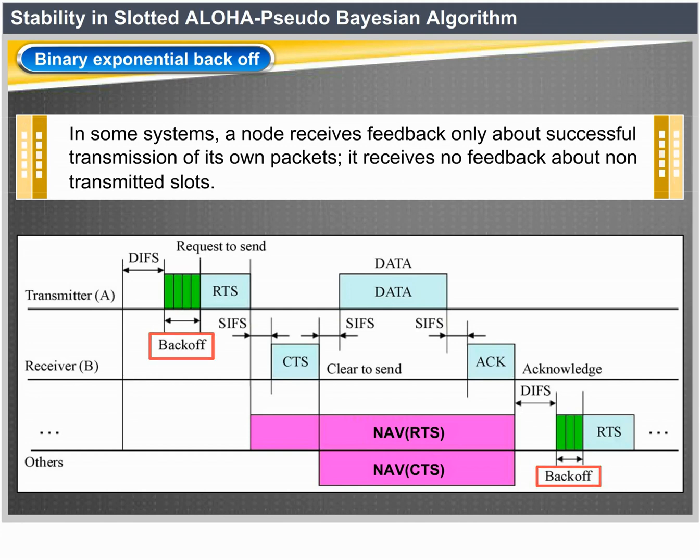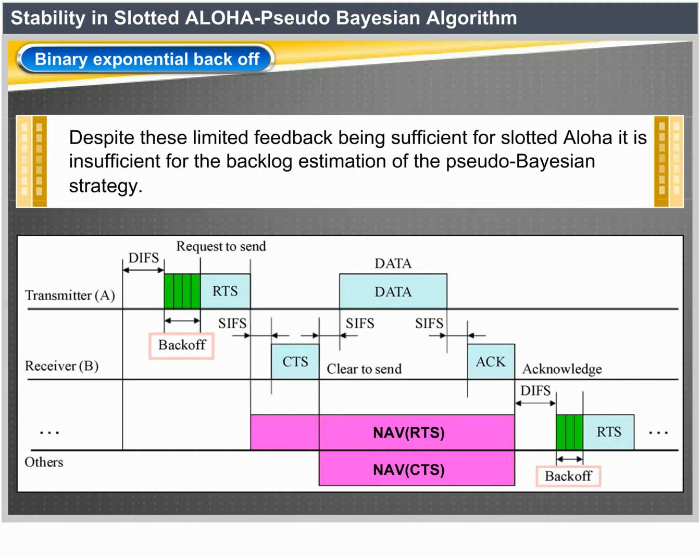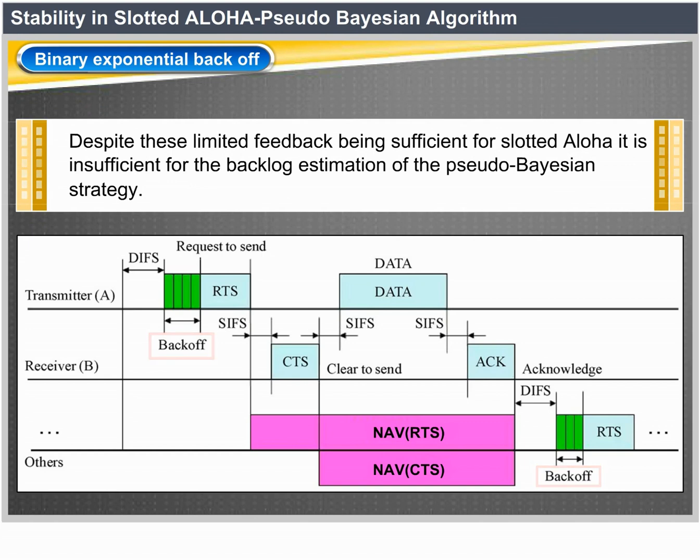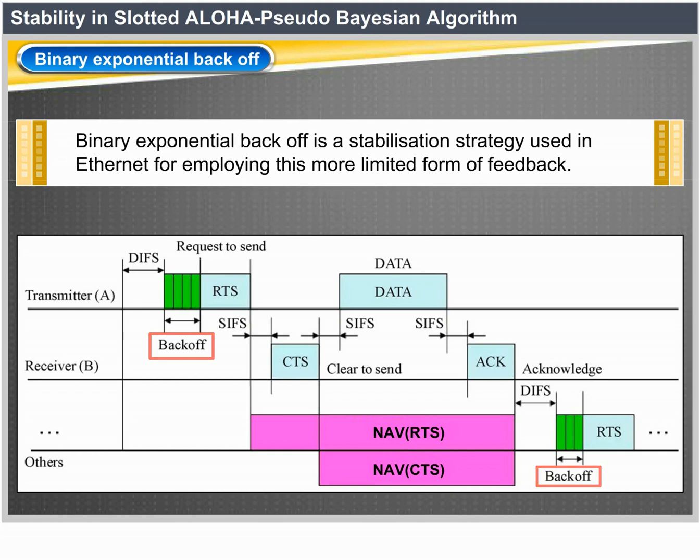It receives no feedback about slots in which it does not transmit. Such limited feedback is sufficient for slotted Aloha but is insufficient for the backlog estimation of the pseudo-Bayesian strategy. Binary exponential backoff is a stabilization strategy used in Ethernet that employs only this limited form of feedback.